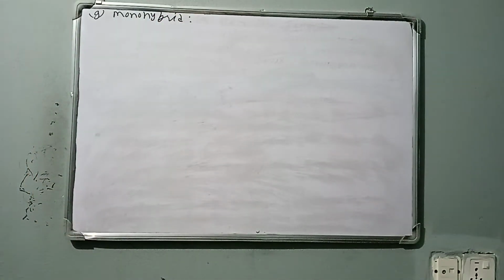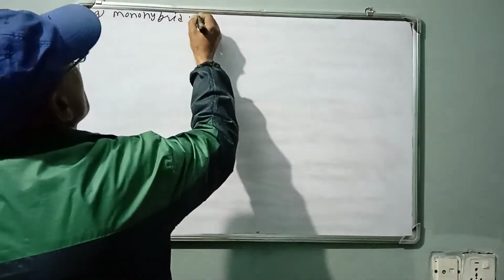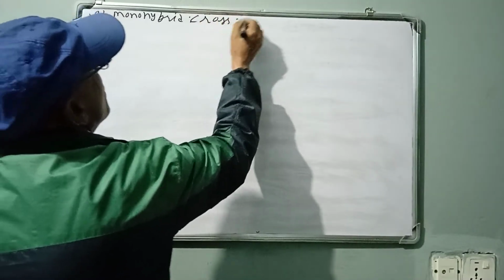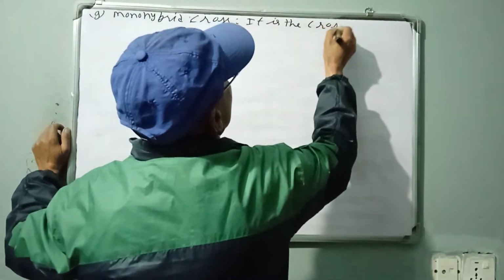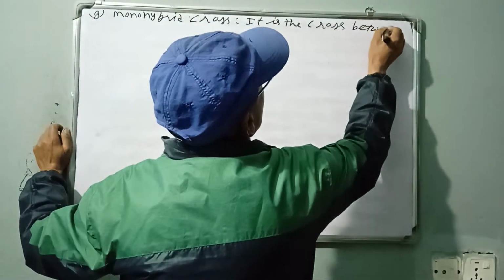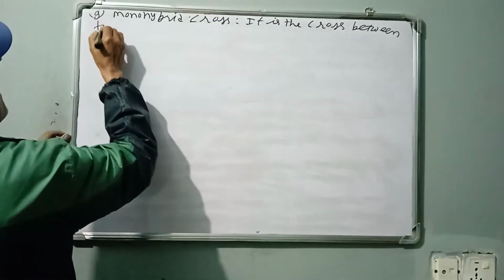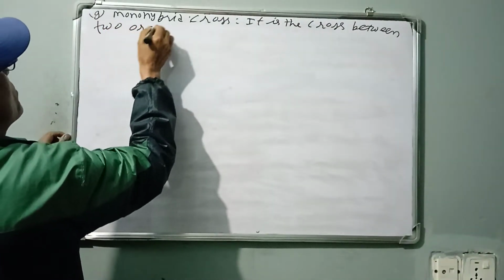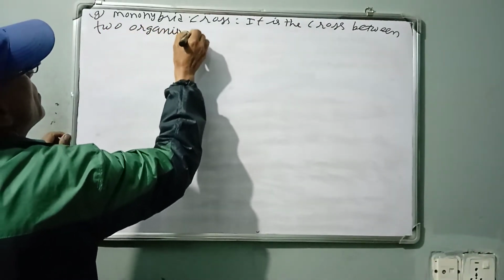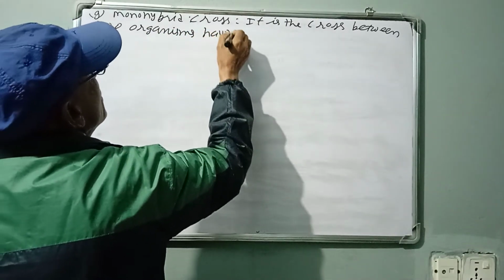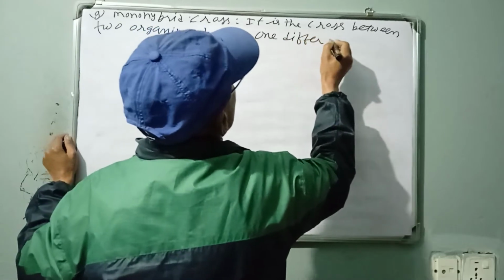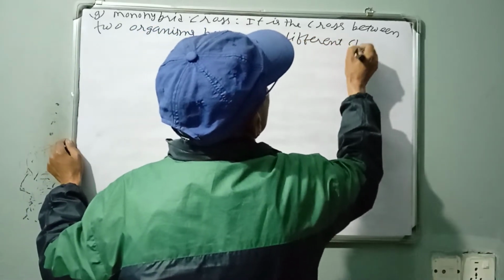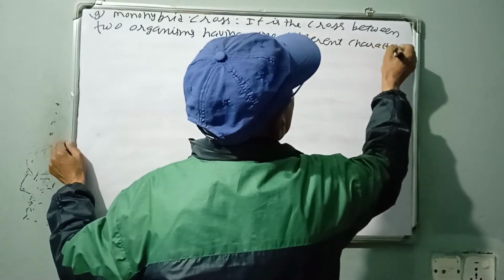Monohybrid cross. It is the cross between two organisms having one different character.